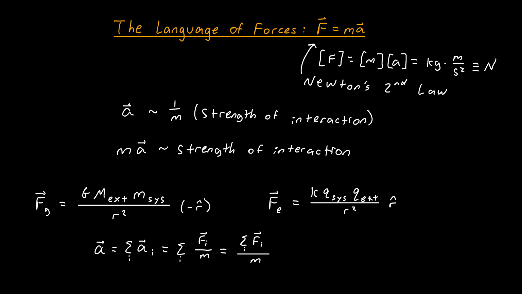And we're talking about the charge of one particle and the charge of another particle when we write down q external and q system. And in the real world, interactions we observe aren't just between two individual particles. The systems that we're used to seeing in everyday life are comprised of countless particles that are all interacting with each other in far more complex ways than these simple equations can capture.